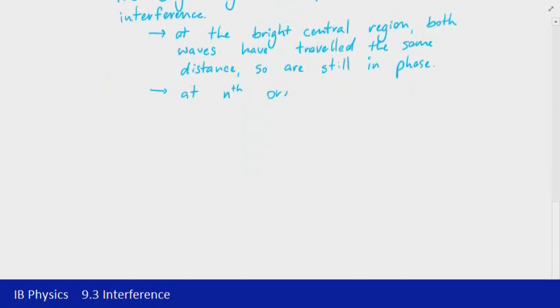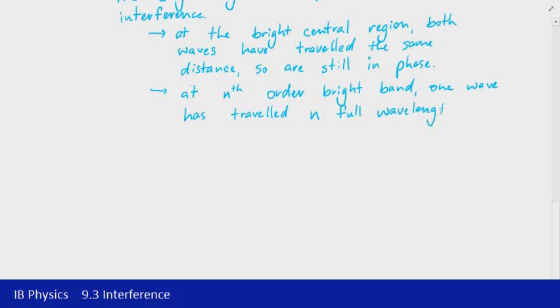So at the nth order bright region, so that's counting out from the central bright region, we would have that one wave has travelled a greater distance, and that distance will correspond to some multiple of a wavelength, and means that it's going to be n full wavelengths further. So by travelling a full wavelength further, it's going to mean that those two waves are still going to be in phase when they reach the screen.